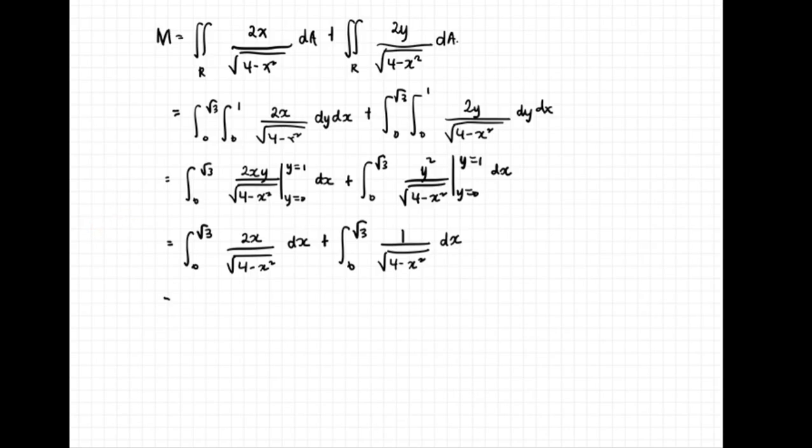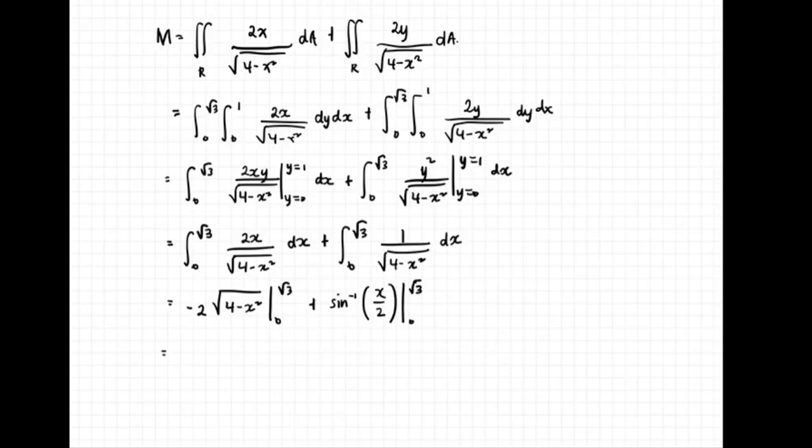So you could compute by yourselves that the antiderivative of 2x over the square root of 4 minus x squared is actually negative 2 square root of 4 minus x squared, evaluated from 0 to square root of 3, plus, for the antiderivative of 1 over the square root of 4 minus x squared, if you recall the formula, this is equal to the arc sine of x over 2, evaluated from 0 to square root of 3.